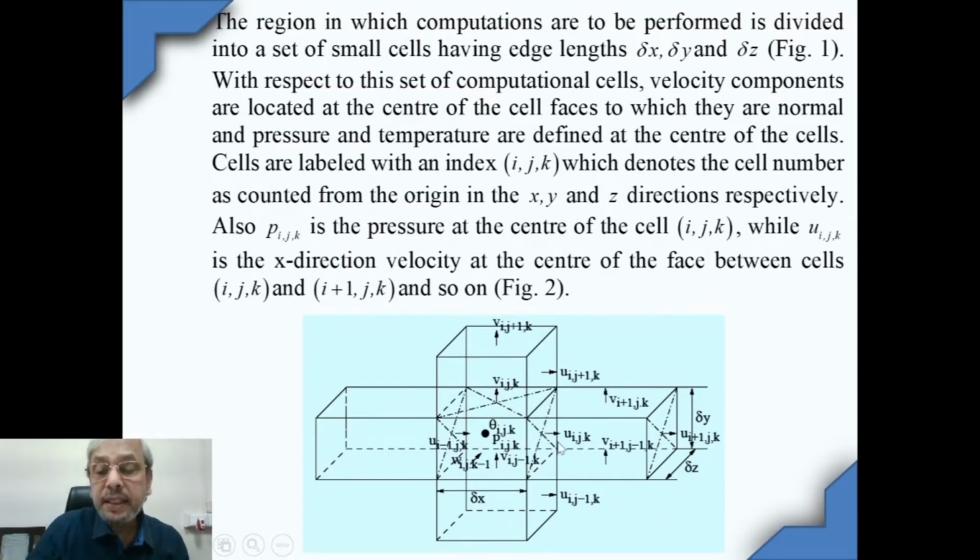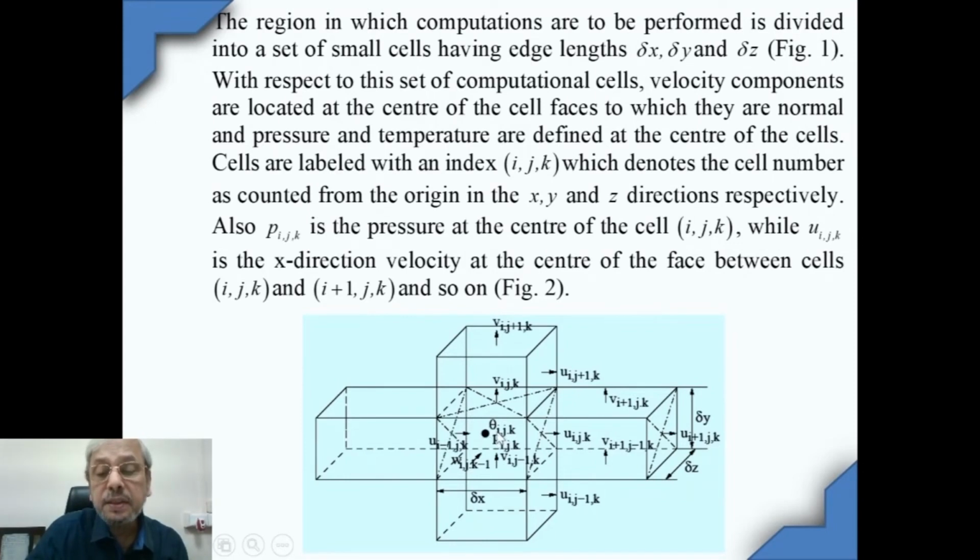Similarly, Uijk is defined here, Ui minus 1 Jk is defined here. But at the center of the cell, U is not defined. P is defined, theta is defined, but not U. So if we need U at the center of the cell, then that will be Uijk plus Ui minus 1 Jk divided by 2.